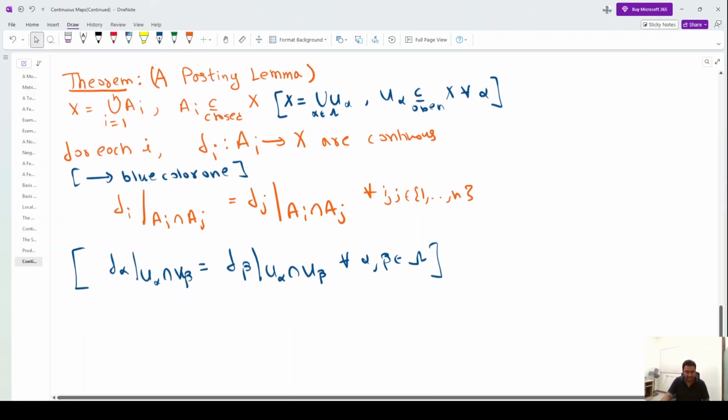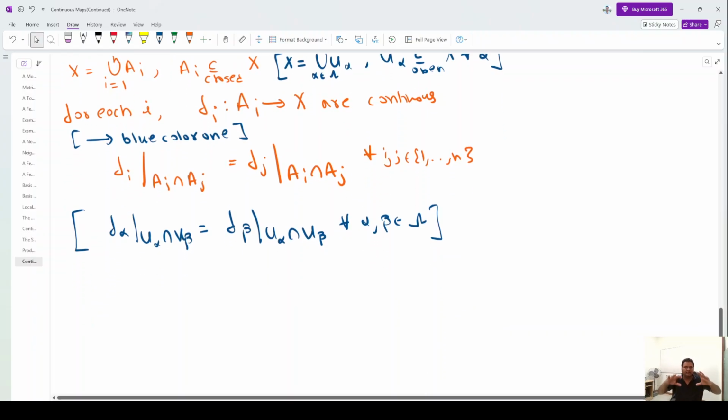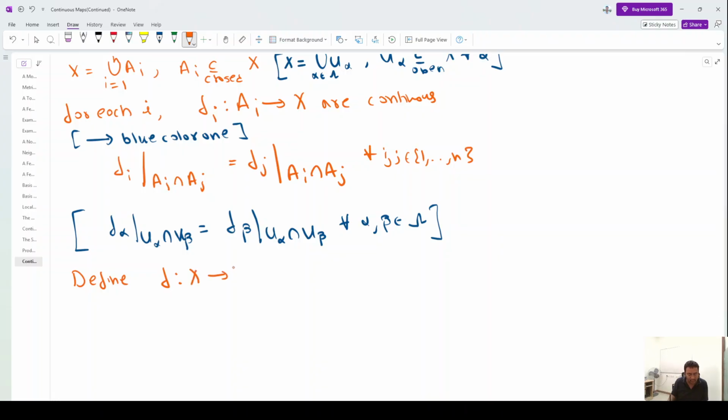Then I will glue these functions. I will make a common function using these. So define f from X to Y. Oh, I have written X here, guys.